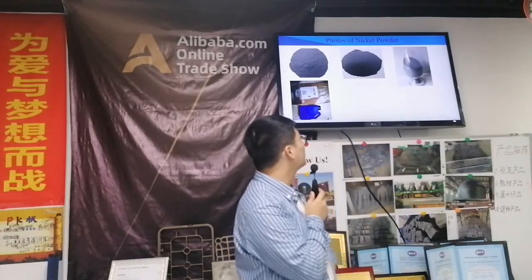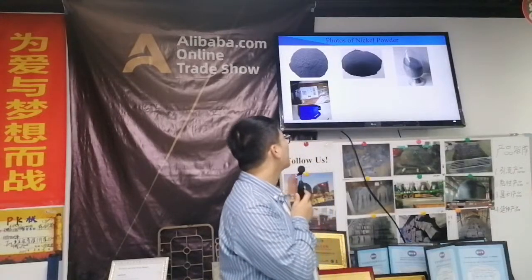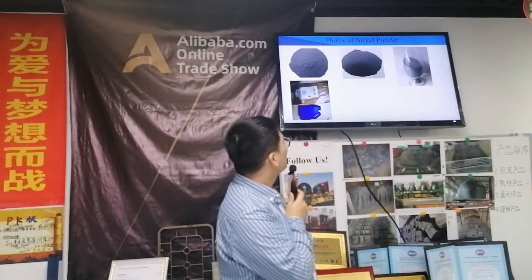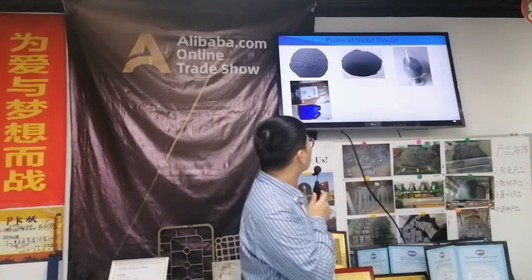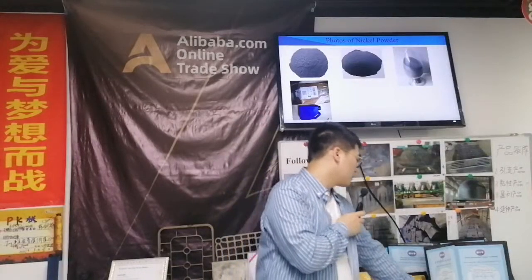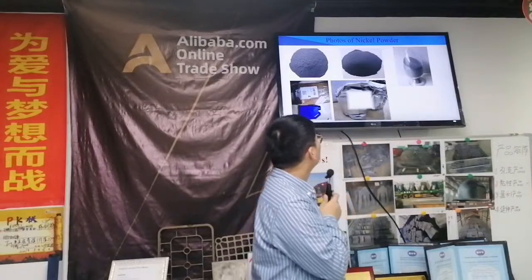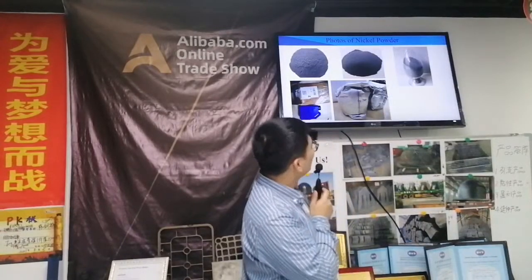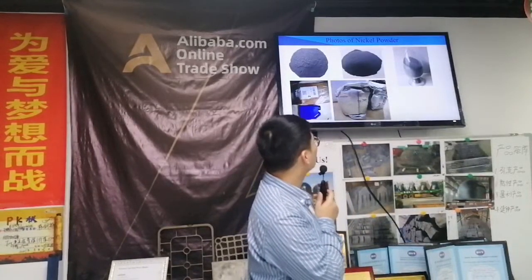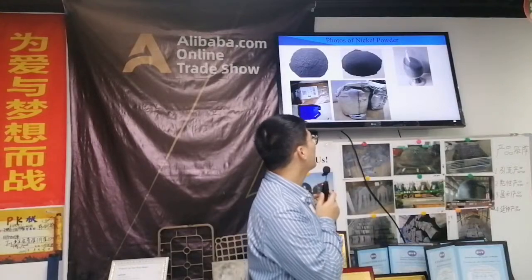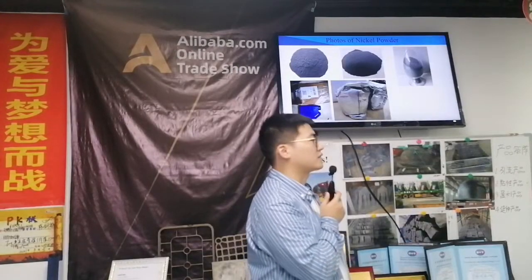If you make an order for nickel powder, we will prepare a pattern to package it. Inside are oxylated plastic bags or aluminum bags.